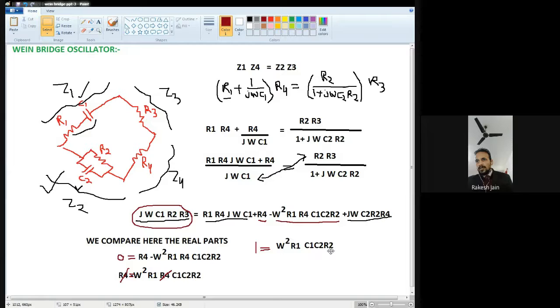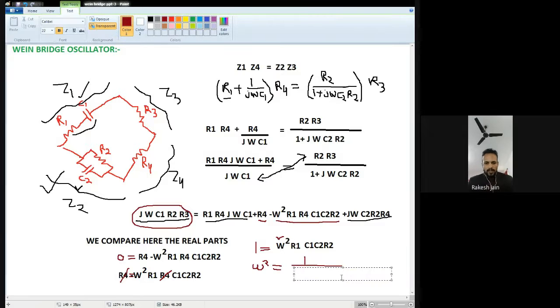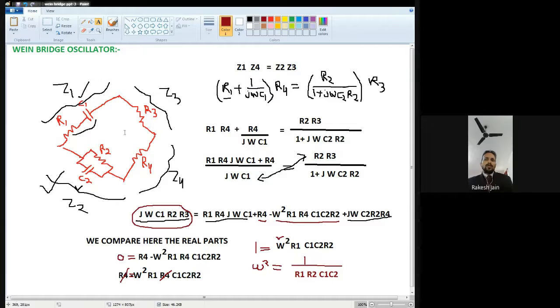Okay, so what is omega square? Definitely omega square will be equal to 1 divided by R1 R2 C1 C2, when this R1 R2 C1 C2 is moved to the left hand side. Okay, we know that.